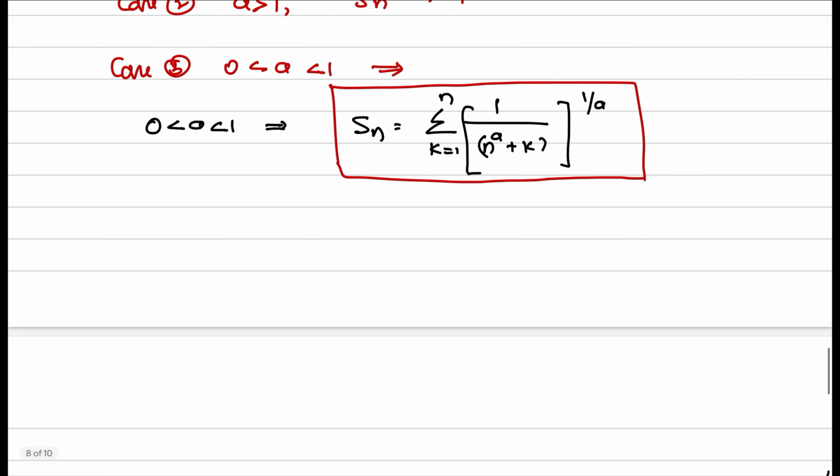Here, what is given? a is less than 1 and a is greater than 0.